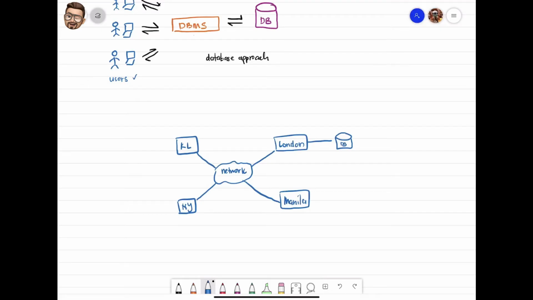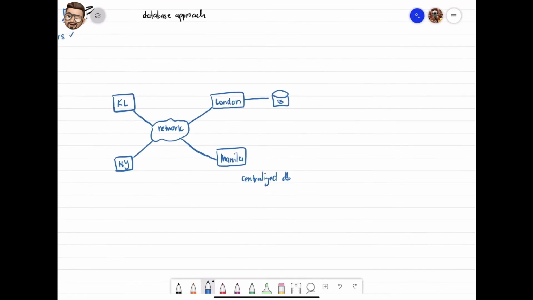If you are in KL and want data, you need to go through the communication network to the London branch. This is the concept of a centralized database, where the database resides at only one node of a computer network.